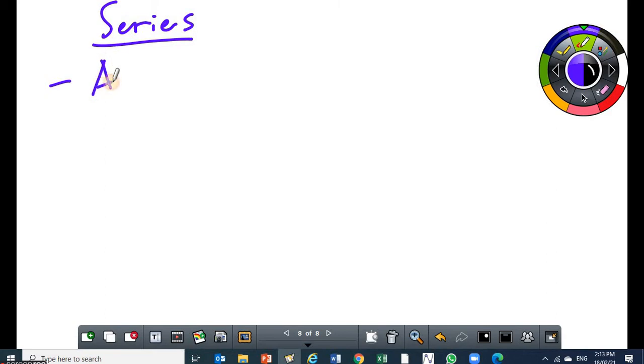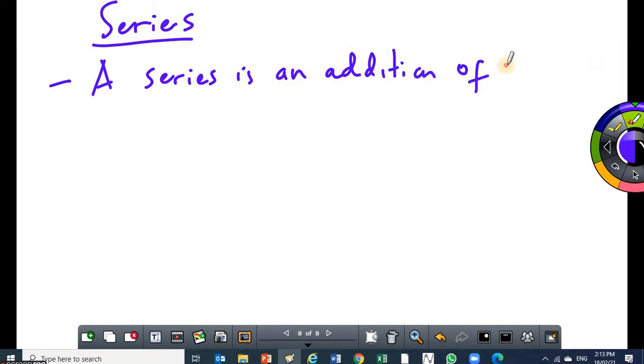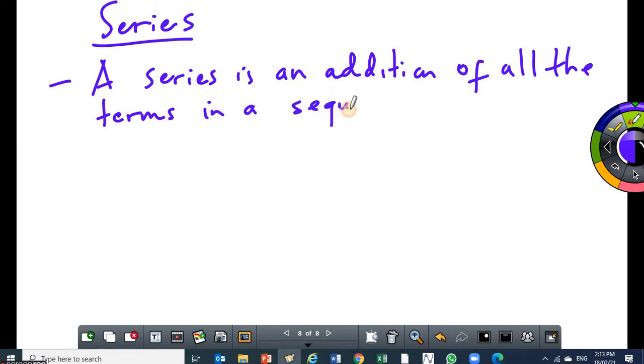A series is an addition of all the terms in a sequence.